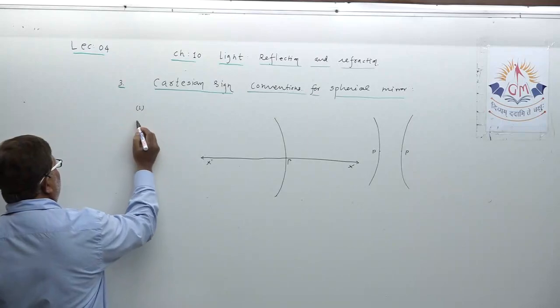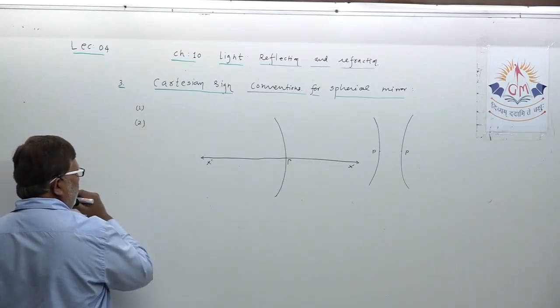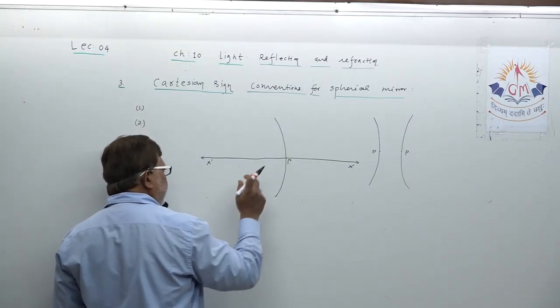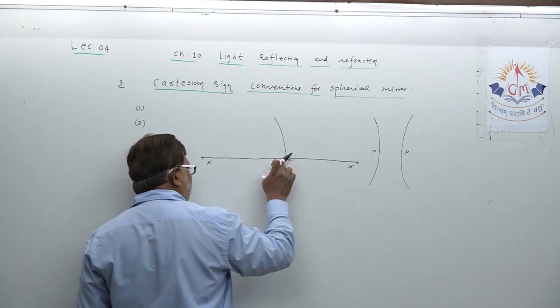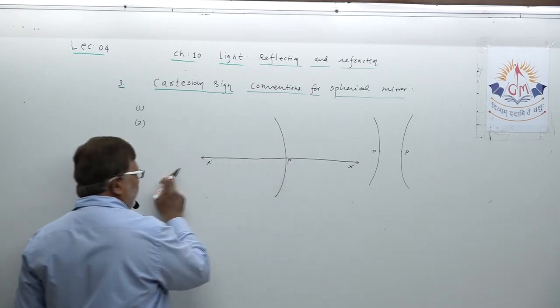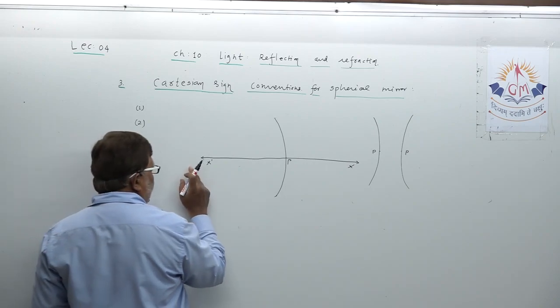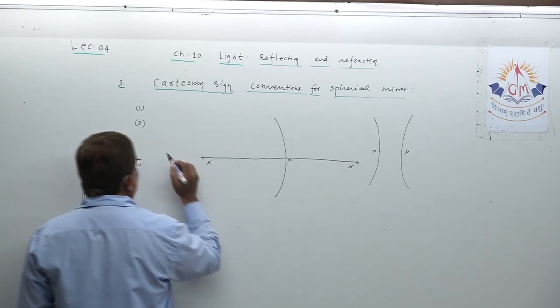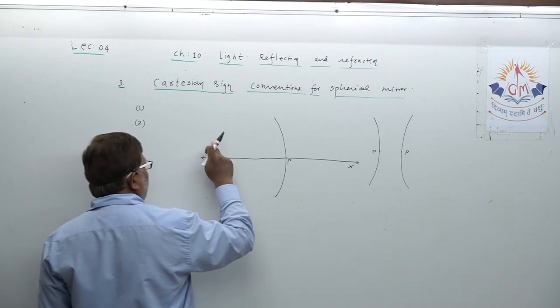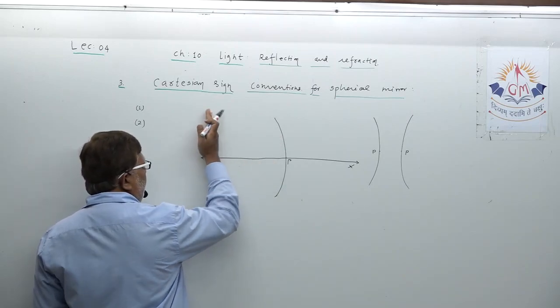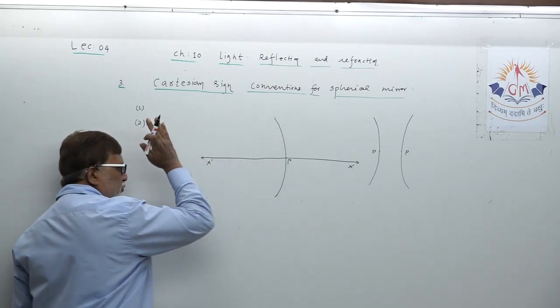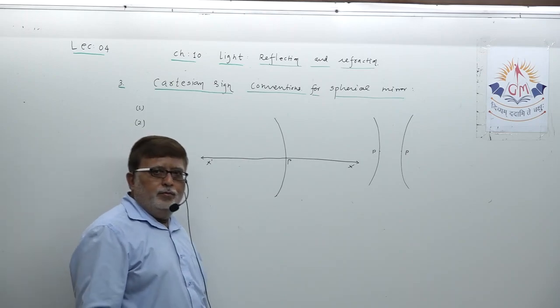Now, dear student, the next one. Any distance is measured from the pole to the left side of the mirror. Understand and remember one more thing also, dear student. The object is always kept to the left side of the mirror. This needs to be very clear in your mind.